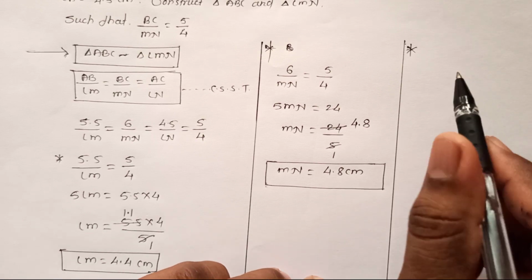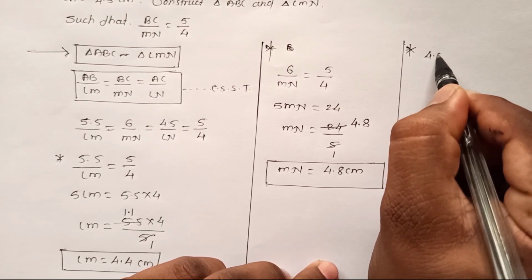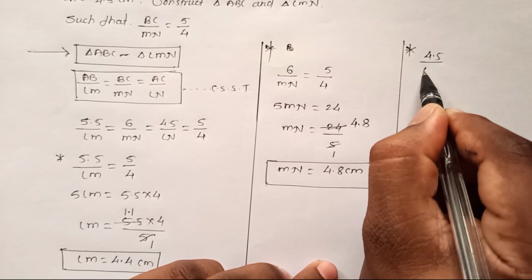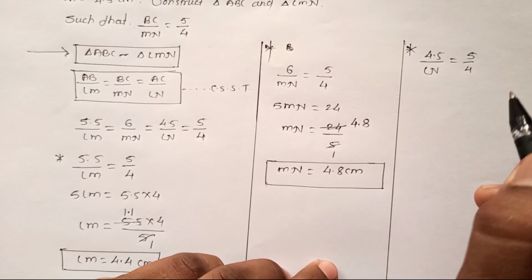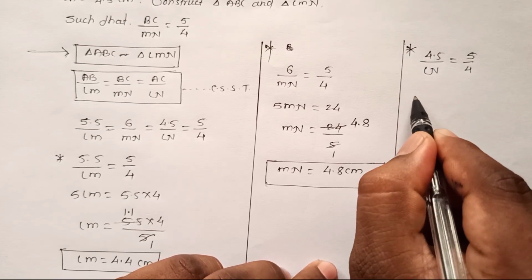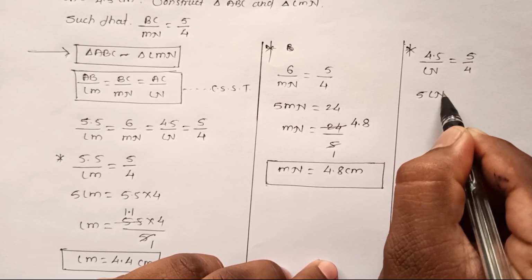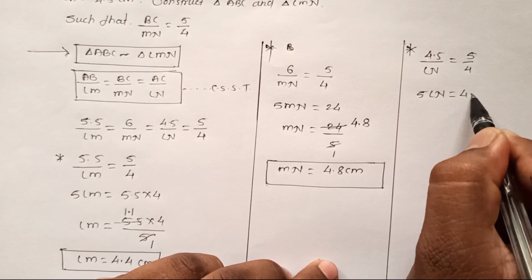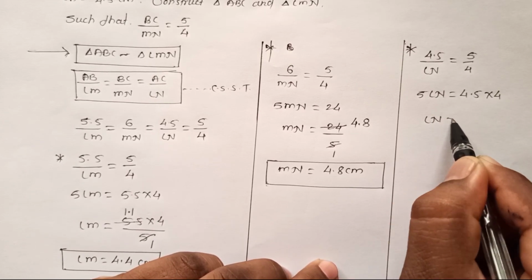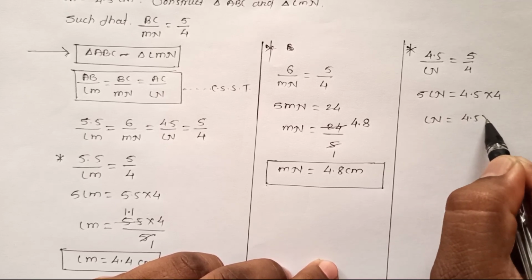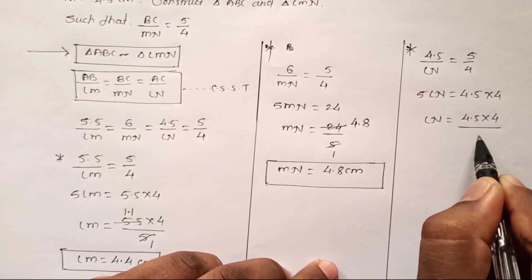Now let's find out the third side of the triangle LMN. Let's take the third ratio, which is 4.5 upon LN is equal to 5 upon 4. Again by making cross multiplication, 5 LN is equal to 4.5 into 4. So LN is equal to 4.5 into 4 upon 5.